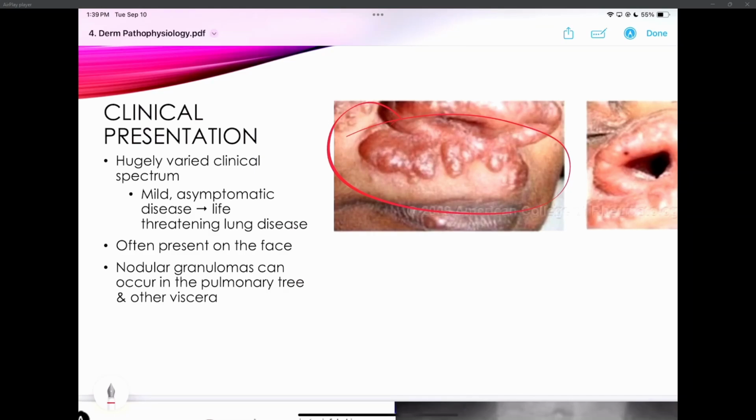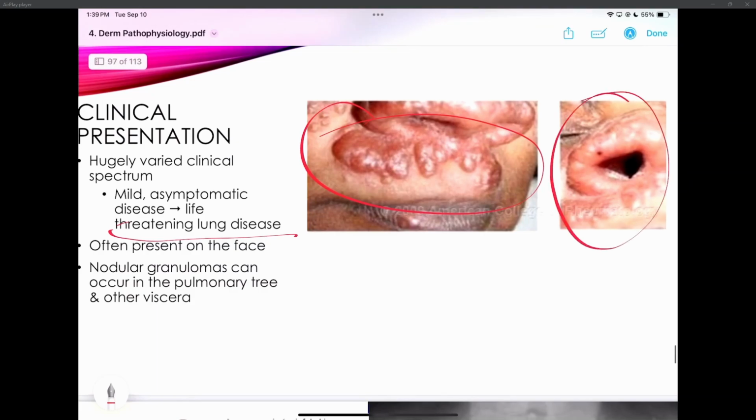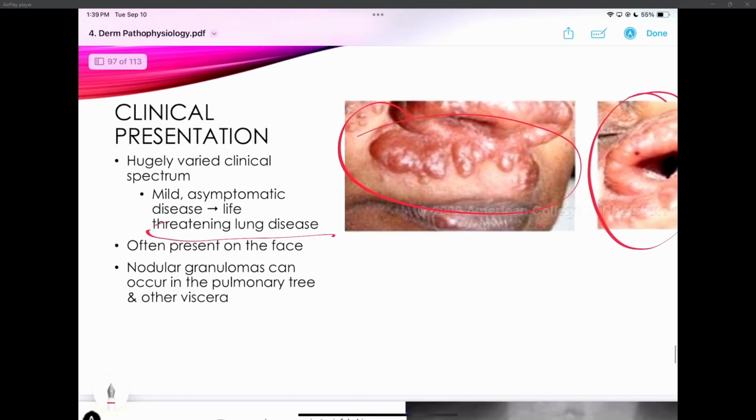Hugely varied clinical spectrum, from mild asymptomatic disease all the way to life-threatening lung disease. Often present on the face, nasal folds. These nodular granulomas can occur in the pulmonary tree and other viscera.